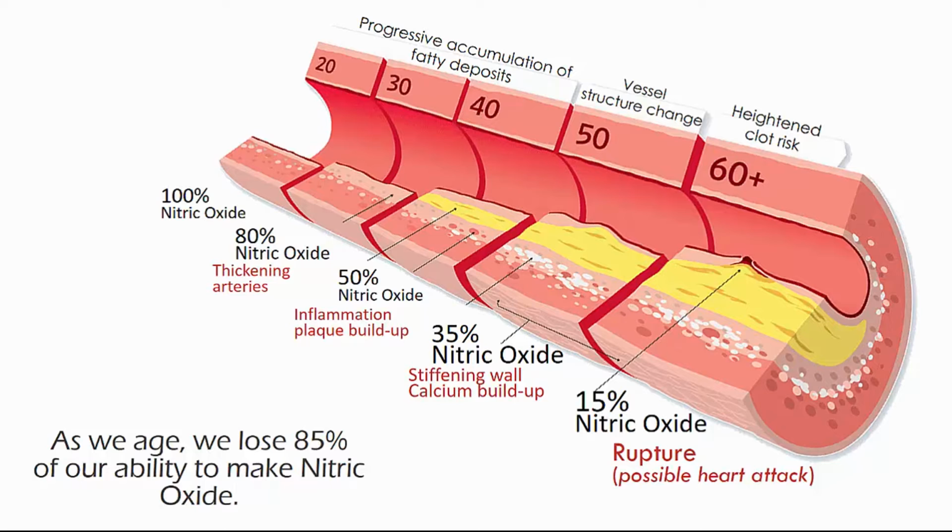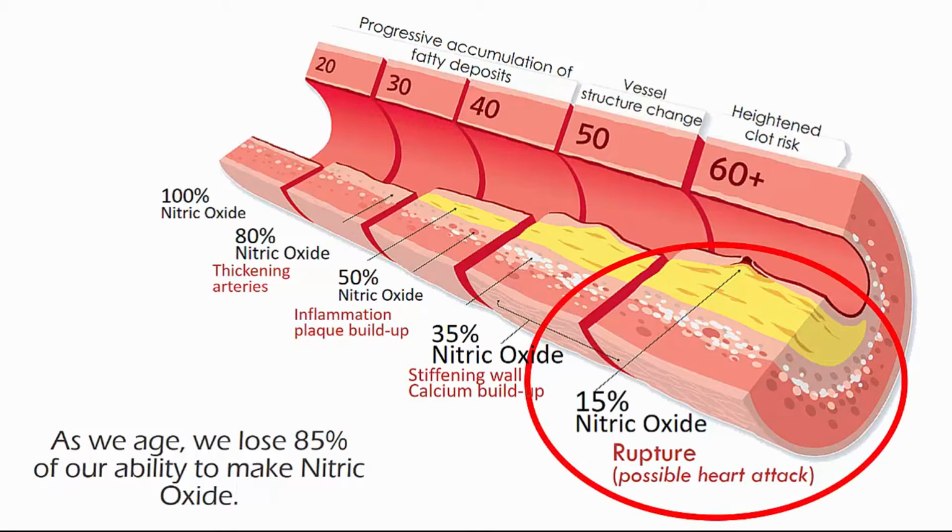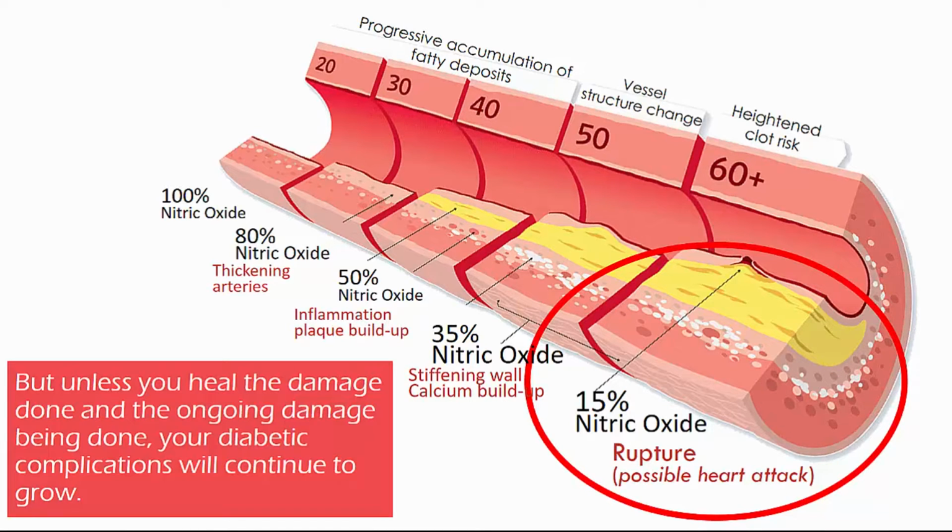This damage, and the continuing damage of high blood sugar over time, creates a cumulative effect that reduces the function of your endothelium and its production of nitric oxide. Learning how to properly control your blood sugar is important to reducing the potential damage to this vital tissue. But unless you heal the damage done, and the ongoing damage being done, your diabetic complications will continue to grow.